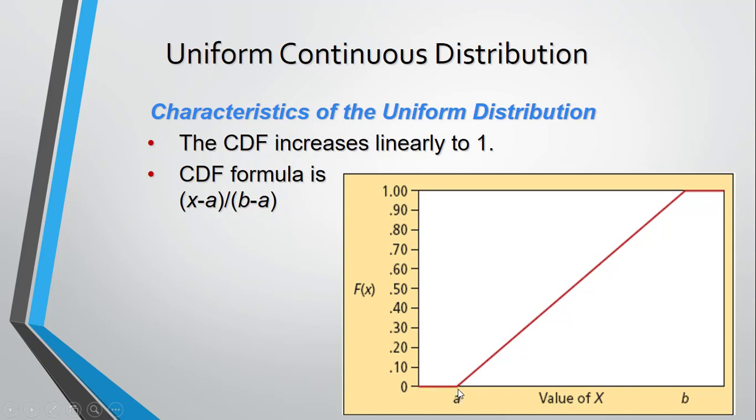At point A, it starts to go up and keeps going up in a straight line until it reaches point B, and then reaches 1.0 and becomes a flat line again. So that's the CDF for a uniform distribution. So the CDF formula is x minus A over B minus A.